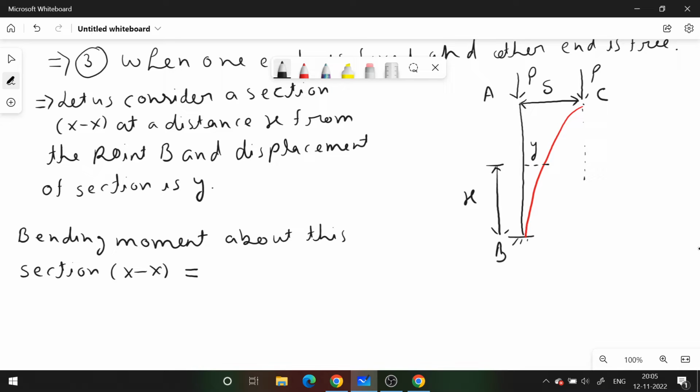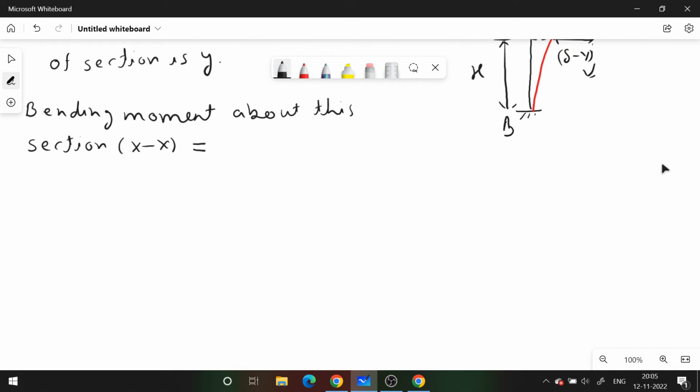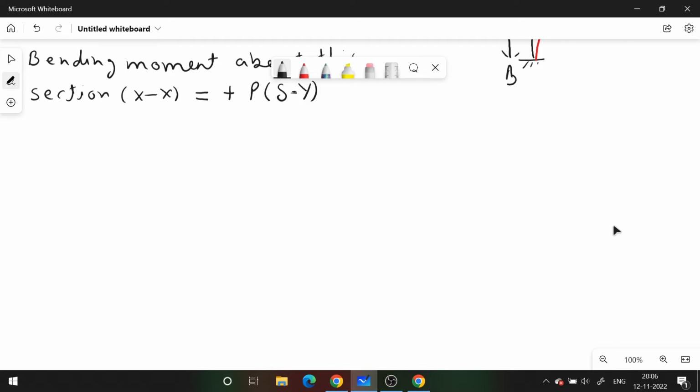Here the perpendicular distance of the load from the section is delta minus y, and this will produce a clockwise moment about the section, taking clockwise moment as positive. As we know from the deflection equation, EI d2y over dx square is equal to the moment, and the bending moment about the section is P into delta minus y.